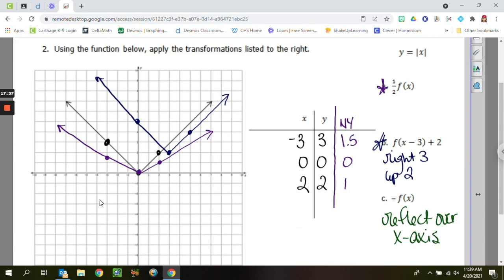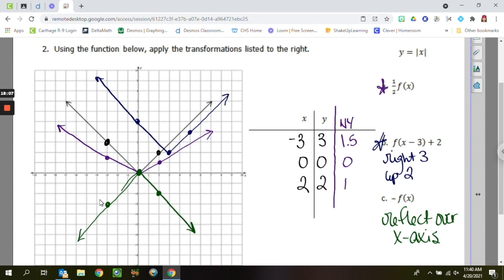Because that means 0, 0 doesn't go anywhere. This point is 3 units up, so its mirror is 3 units down. This point is 2 units up, so that means we're going to go 2 units down. Nothing else changed about it. Okay?